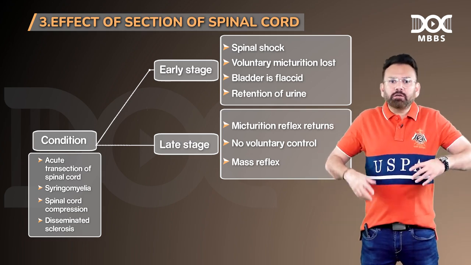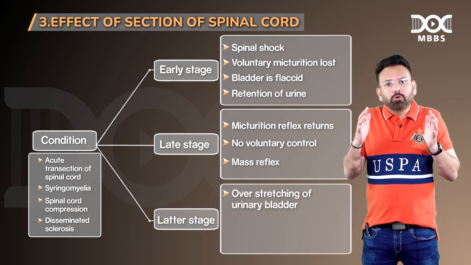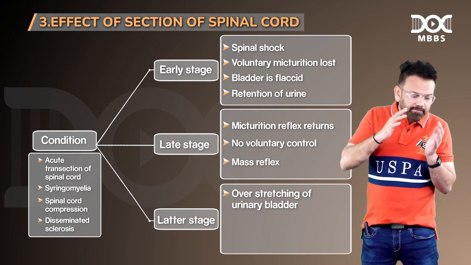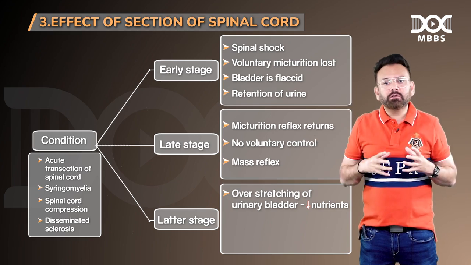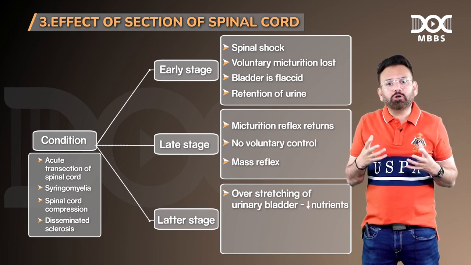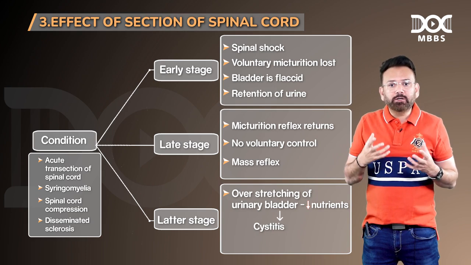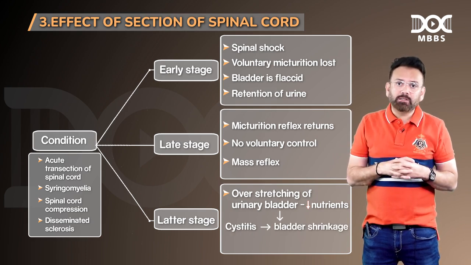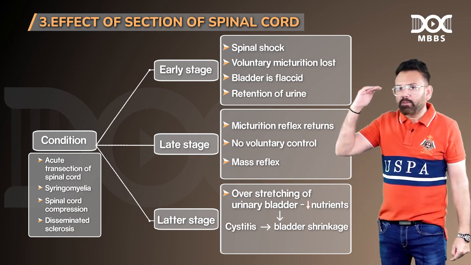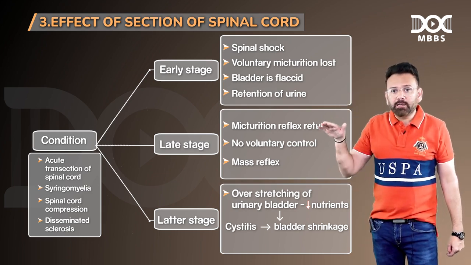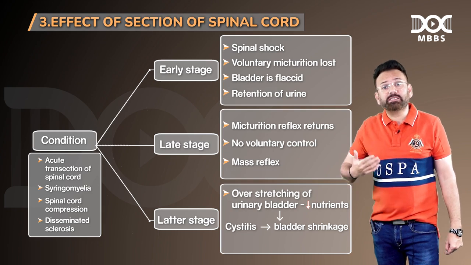Now in those conditions when there is overstretching, overflow incontinence, if the bladder keeps on overstretching, there will be a decrease in the nutrition. If there is decrease in the nutrition, it can cause cystitis. It leads to bladder shrinkage. Yes or no? And in the early stage there is spinal shock, but after that there will be denervation hypersensitivity.